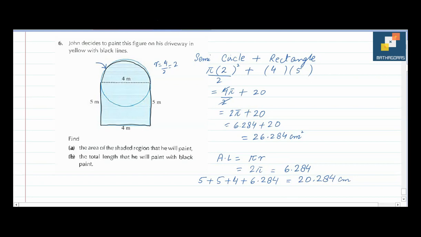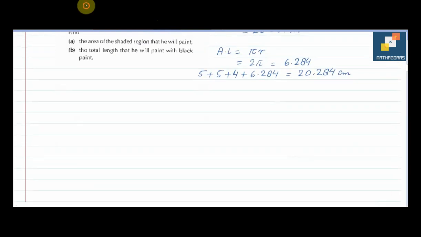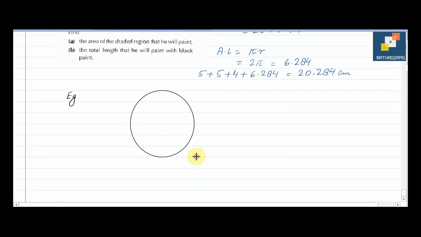Okay, now after this question I give you one example question. It's not in the book. Let's suppose that you have a circle and its radius is 7 centimeter, and you have a triangle inside the circle, right?